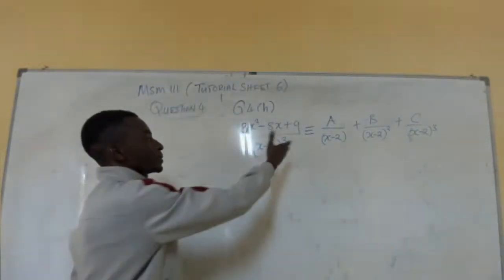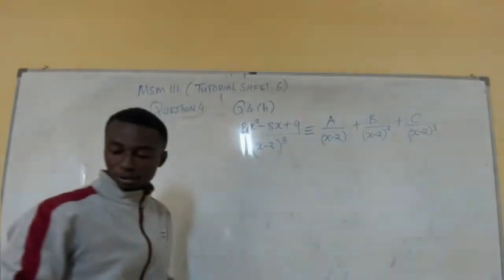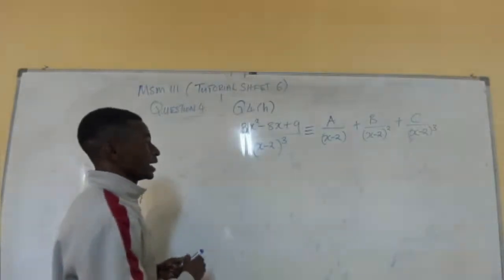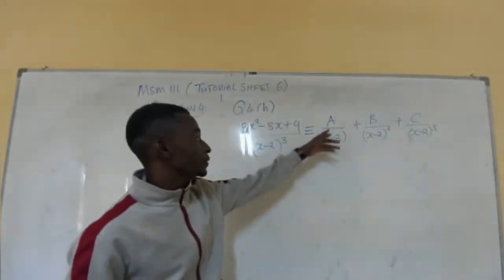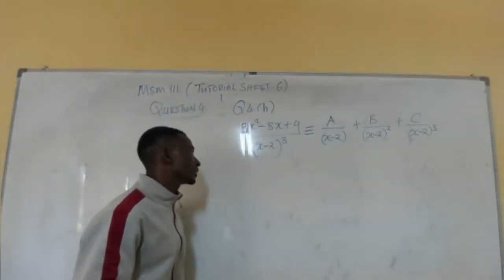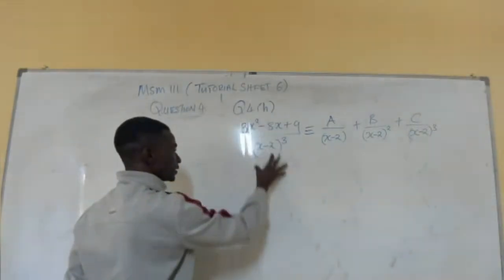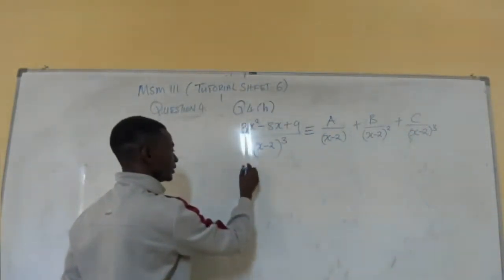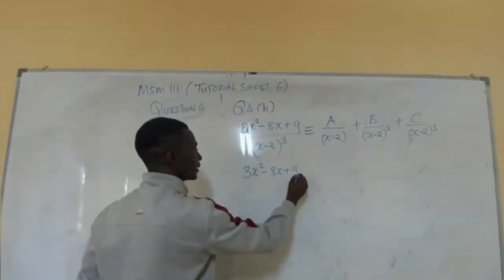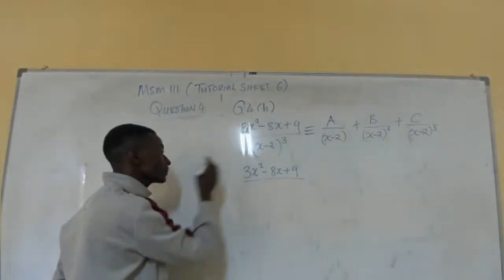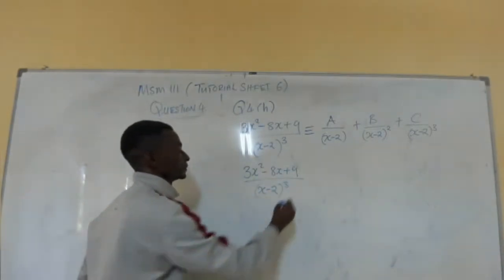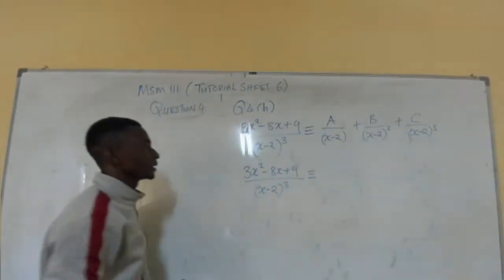Our aim is to find the values of a, b, and c. You drop the expression the way it is: 3x squared minus 8x plus 9 over x minus 2 to the power 3 is equivalent to.